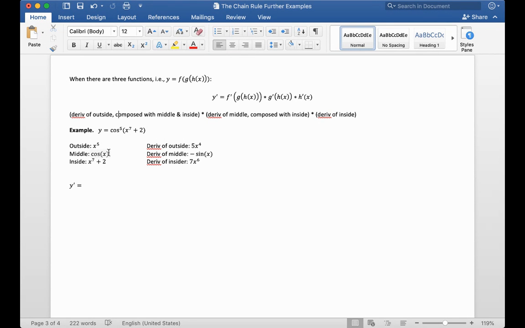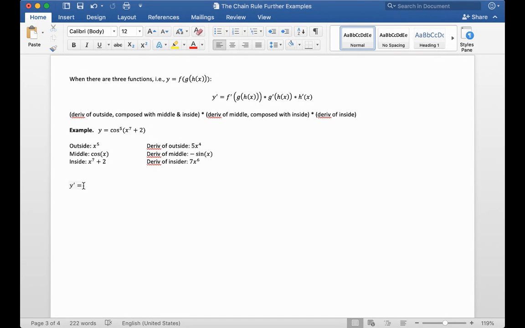That puts the cosine in the middle, and finally we're raising cosine of x to the seventh plus 2 all to the fifth power. So again, we've got to have that vital skill of recognizing what's outside, what's inside, but then we've got this extra step here of figuring out what's in the middle. And just as a reminder, over here I've got the derivatives of those three functions.